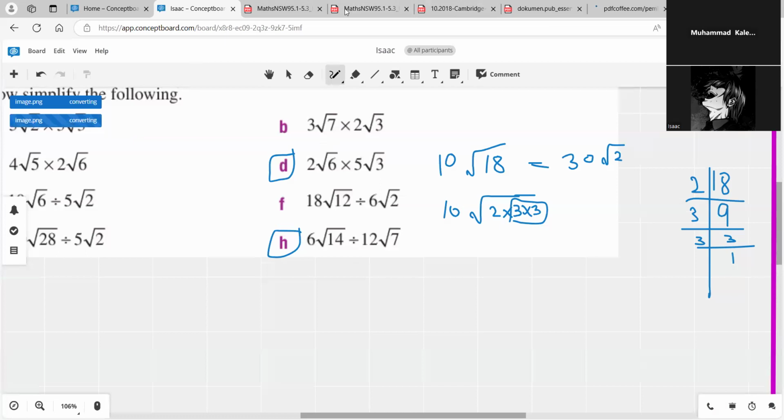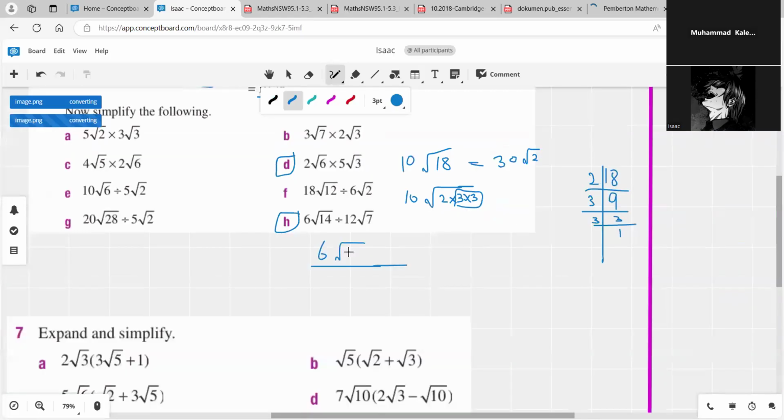It was 6, like this. 14 can be written as square root 7 and square root 2. If we are writing in combined form, 6 root 14 divided by 12 root 7, right? So if we simplify this one, it will be reduced to 1 over 2.